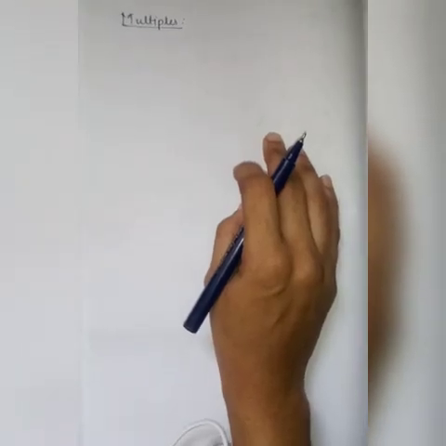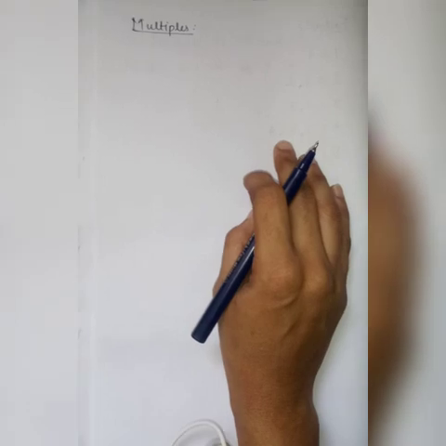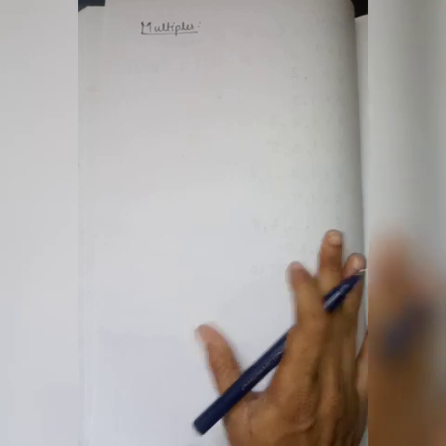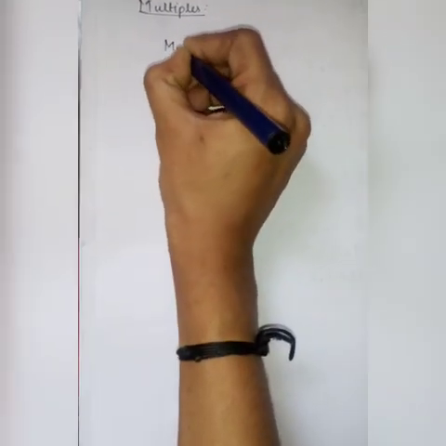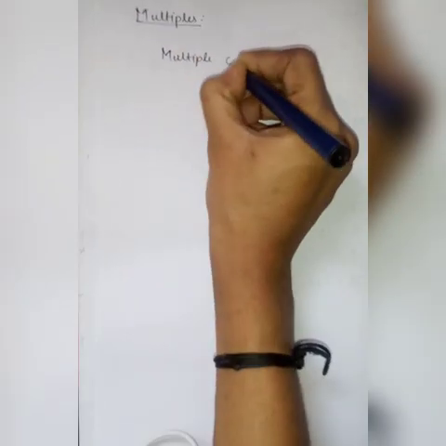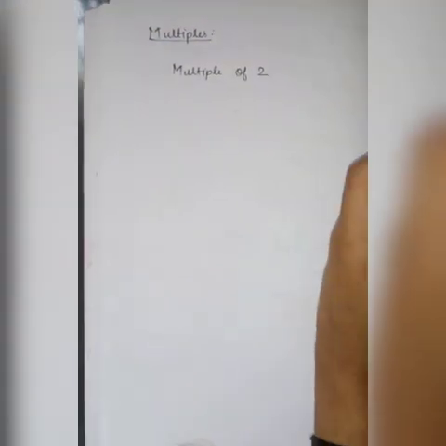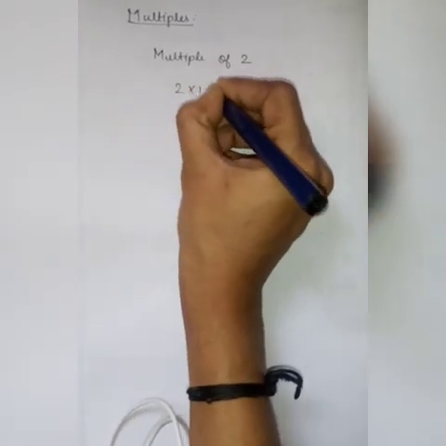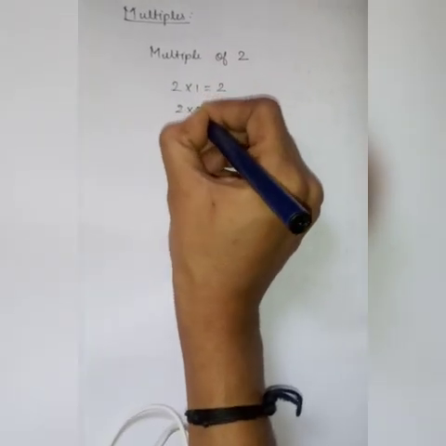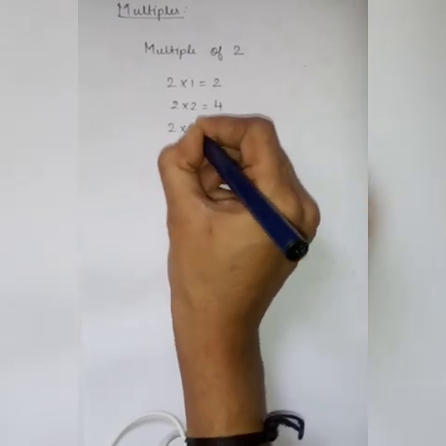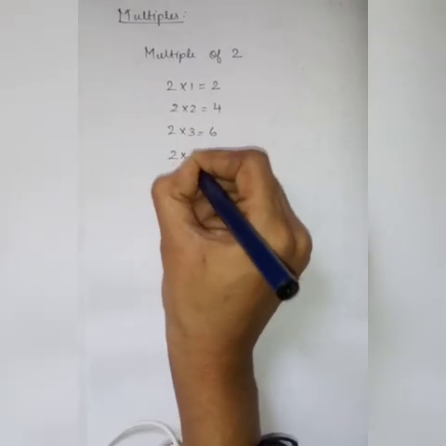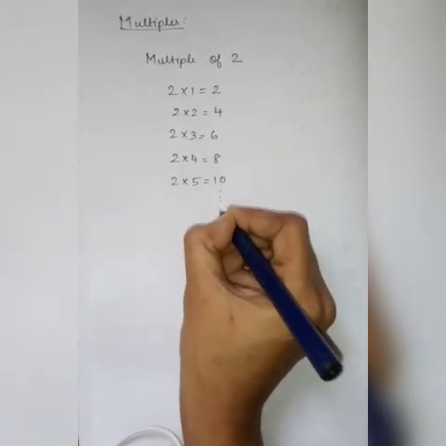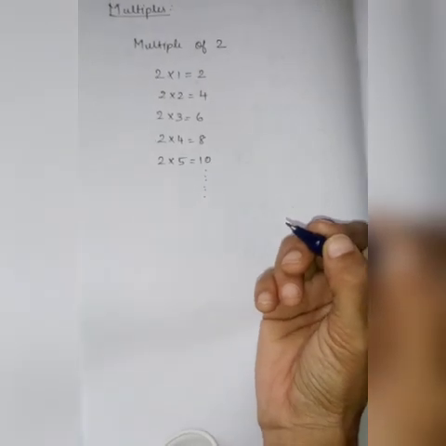Now I am going to write how to find the multiples. As I told you, before finding the multiples, just write the tables alone. If they ask you to find the multiples of 2, write the 2 table, that's all. 2 ones are 2, 2 twos are 4, 2 threes are 6, 2 fours are 8, 2 fives are 10, etc. It goes on, because multiples are infinite.